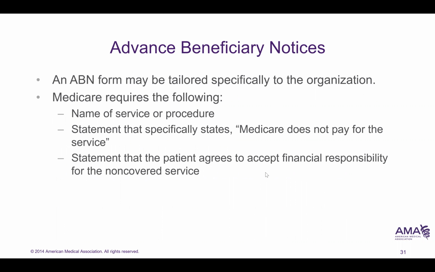At the bare minimum, they need to have the name of the service or procedure, a statement that specifically states that Medicare does not pay for the service, statement that the patient agrees to accept financial responsibility. Some patients believe that Medicare is an entitlement and covers everything. I think we know better in terms of that.